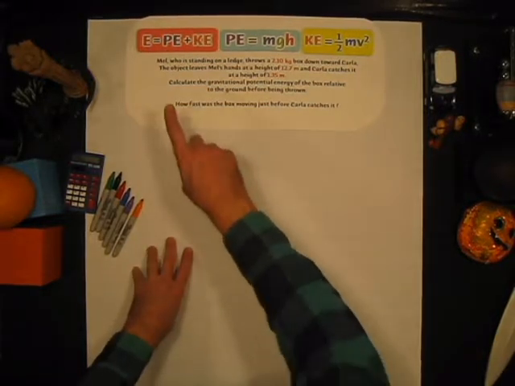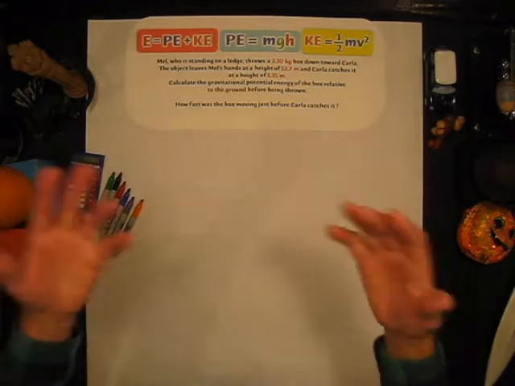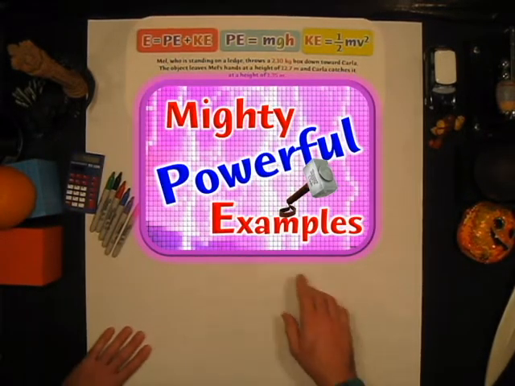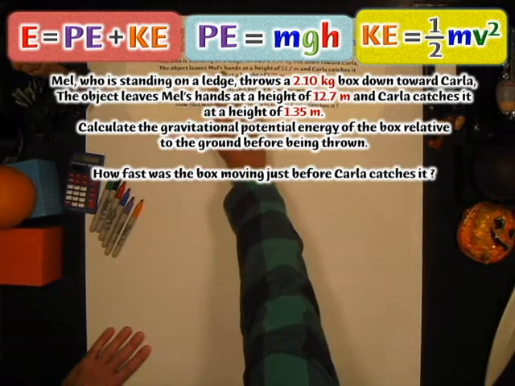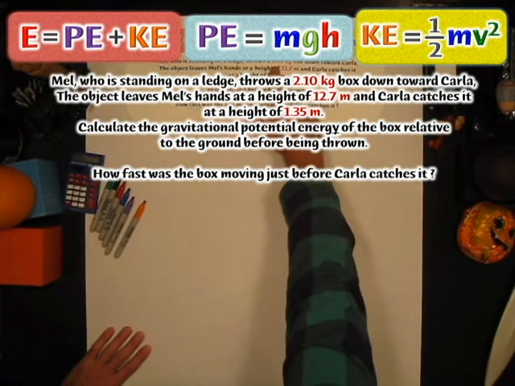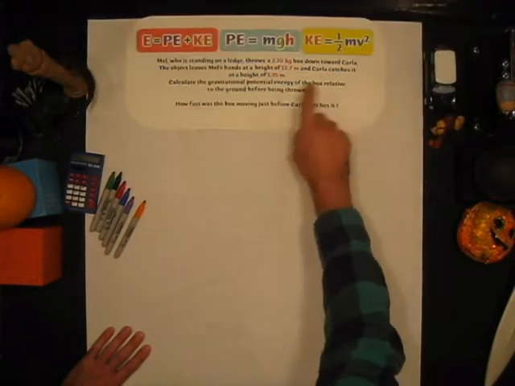All right, so here's another conservation of energy example. Mel, who is standing on a ledge, watch out Mel, throws a 2.10 kilogram box down toward Carla.